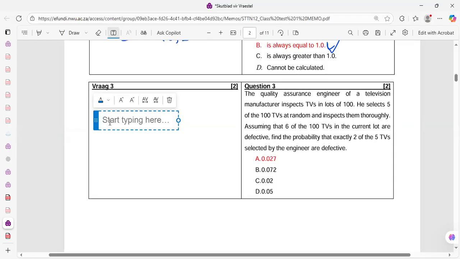Exactly 2. So the probability of X equal to 2. Yes, I forgot to do this. X is exactly 2. Okay, now let's check. Guys, we have the first one, it's 6. They said exactly 2 of the 5 TVs. So assume that 6 of the 100 TVs in the current lot are defective.